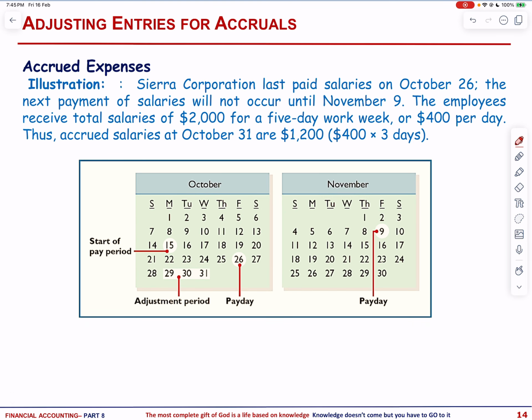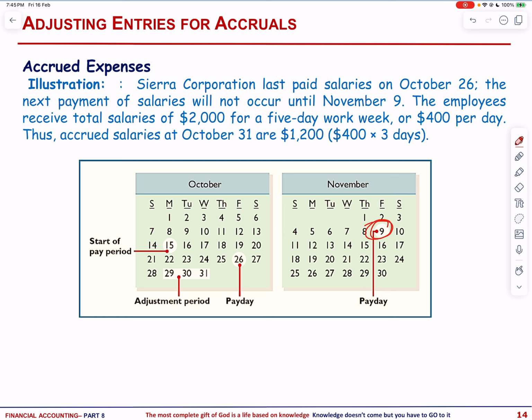Now Sara Corporation pays certain expenses like employee salaries and commissions after the service has been provided. For instance, Sara paid salaries on October 26 for the first 2 weeks of work, with the next payment scheduled for November 9.